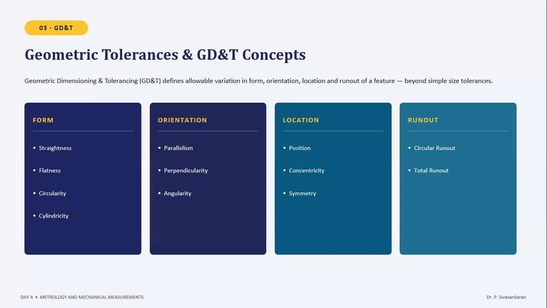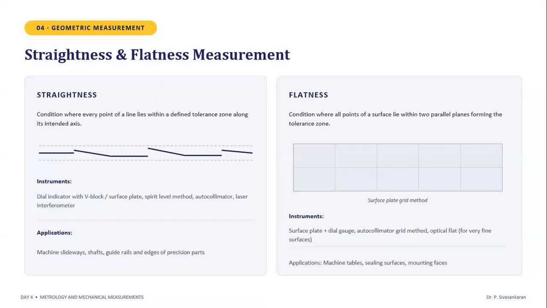Let us now consider straightness and flatness measurement. Straightness describes a condition in which every point of a line lies within a specified tolerance zone along its intended direction. Straightness can be evaluated using instruments and techniques such as dial indicators with V blocks or surface plates, spirit levels, autocollimators, and laser interferometers.